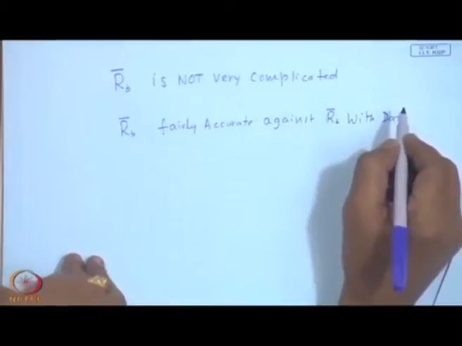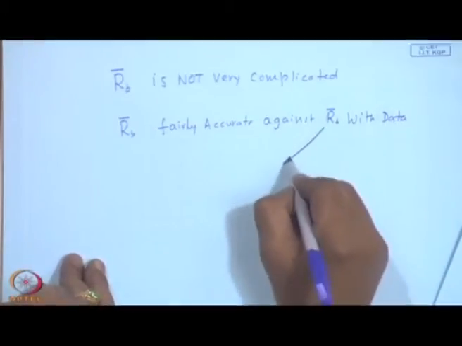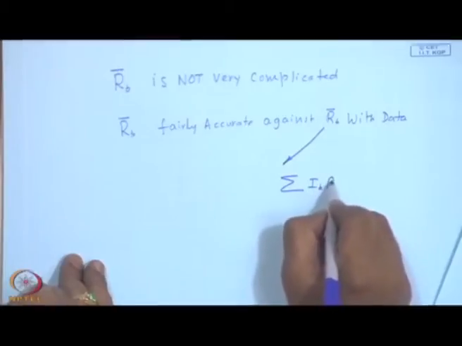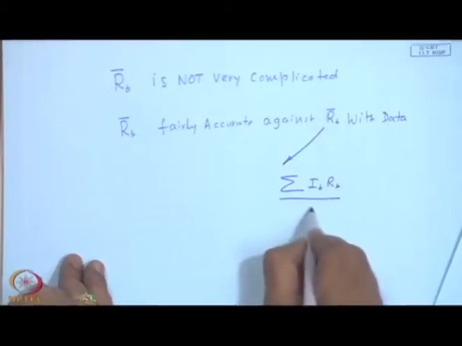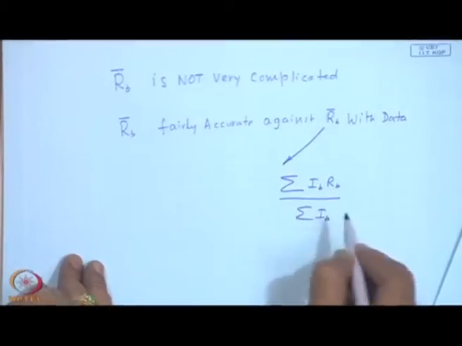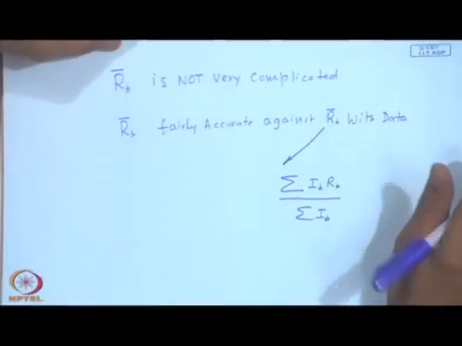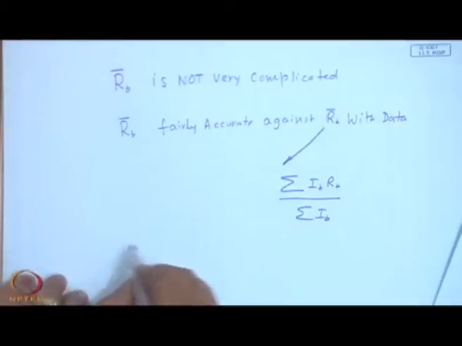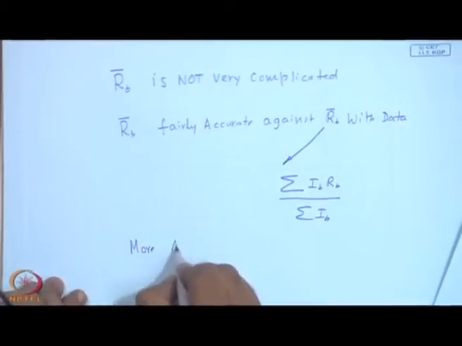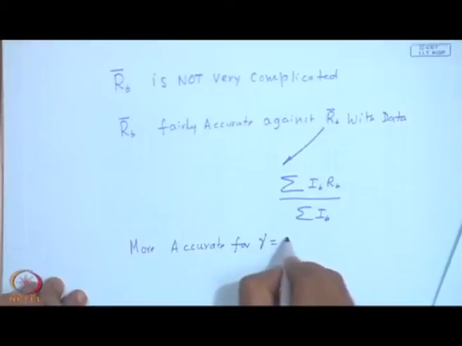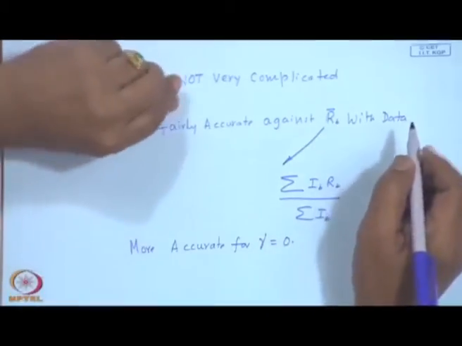In other words, you compute this with sigma I b R b by sigma I b. This will be within 3 to 5%, and this is more accurate when gamma is equal to 0.